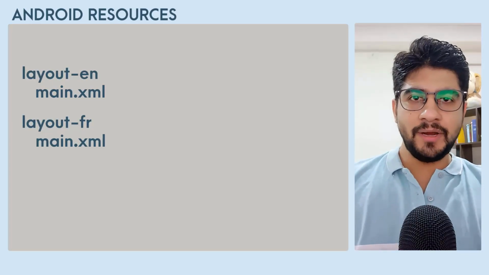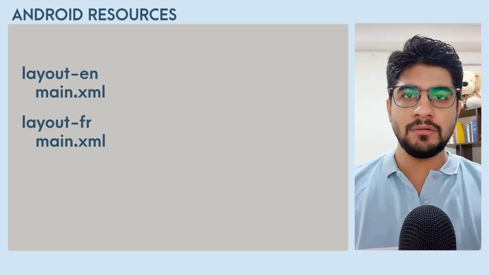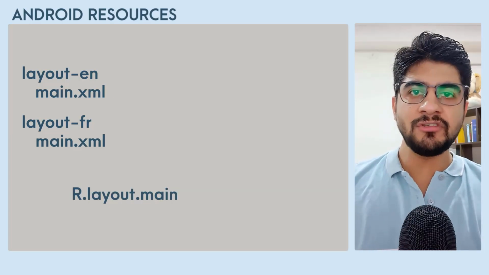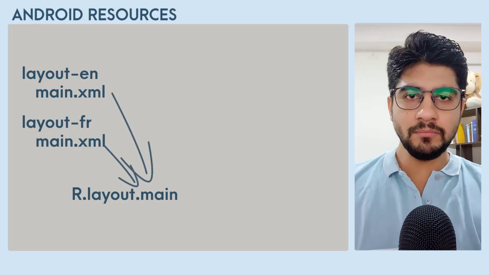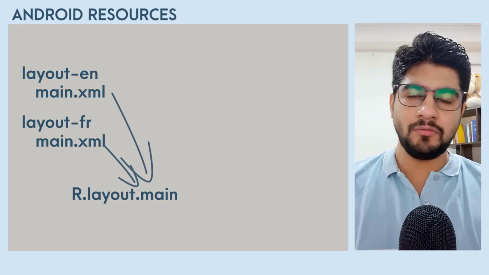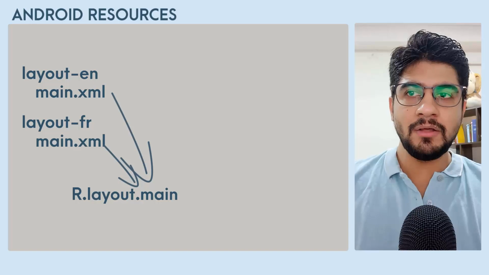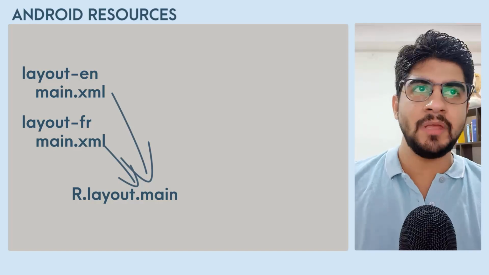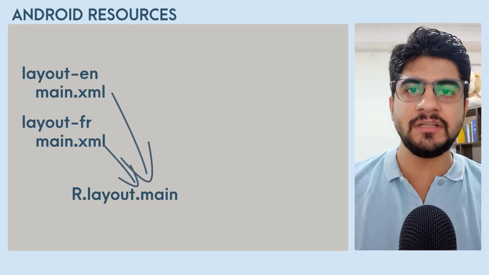You will access your main.xml, which is automatically compiled for you, and a reference to that file is put in the R file. So you access that file using R.layout.main. There is no need to specify the configuration because the compiler has created an alias for your main.xml files, and the language-specific file will be loaded when your phone's locale is set to English or French. And a similar concept applies to all the drawables and all the other values in the res folder.